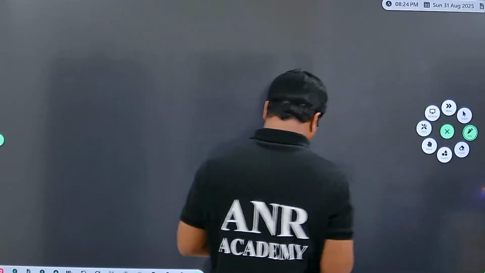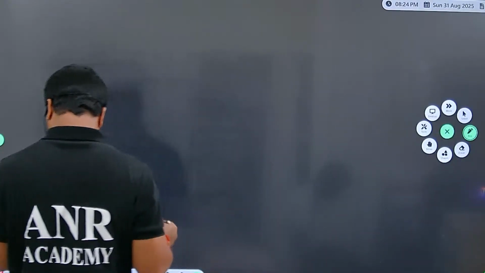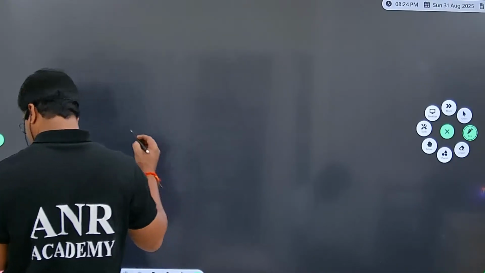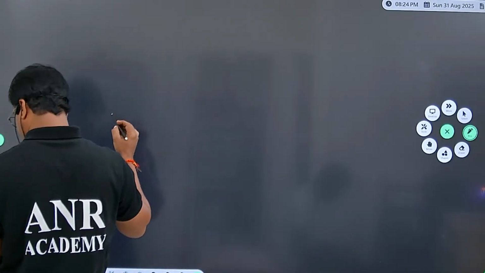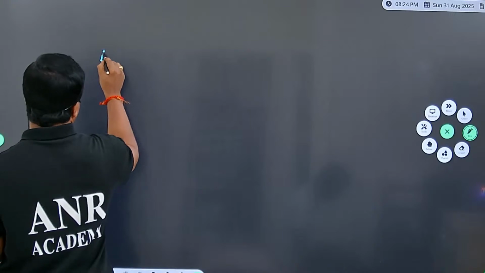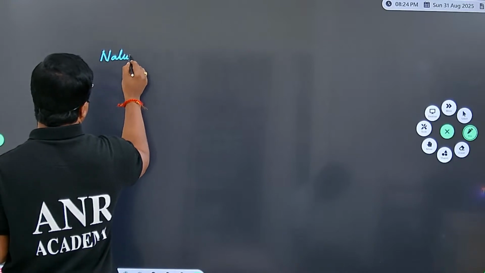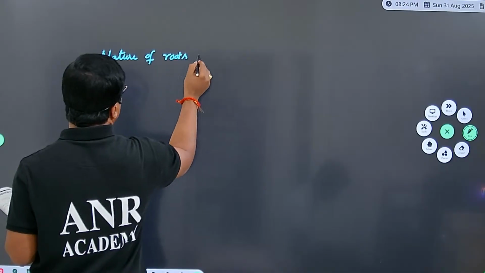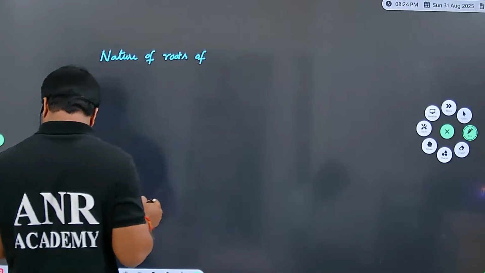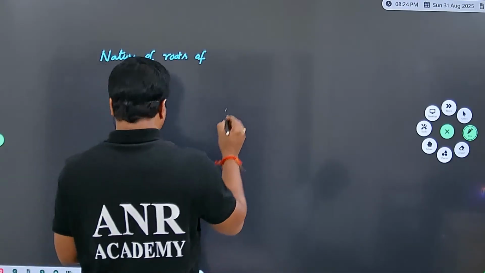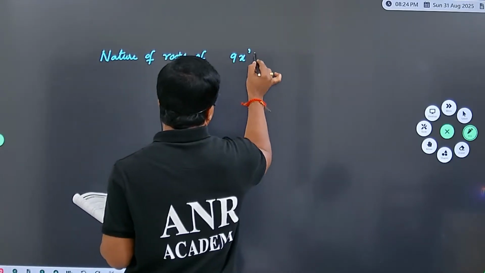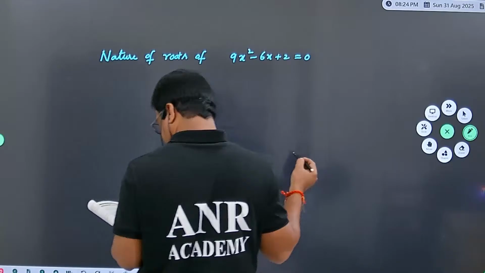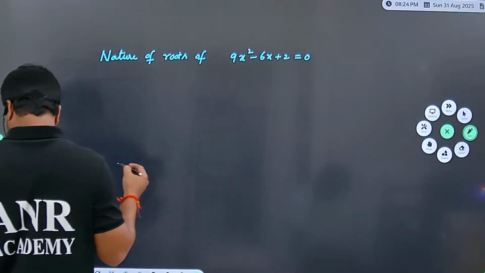Here the question is given: nature of roots of the equation 9x square minus 6x plus 2 equal to 0. Options are given.